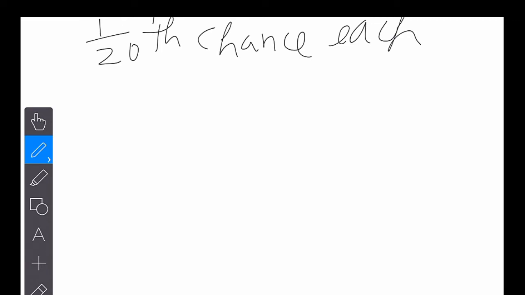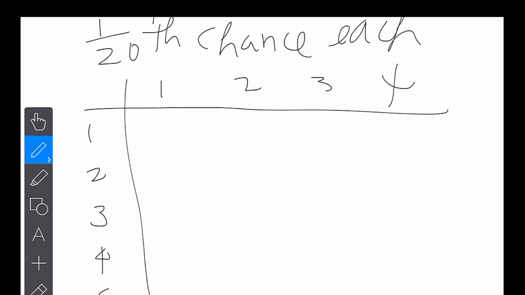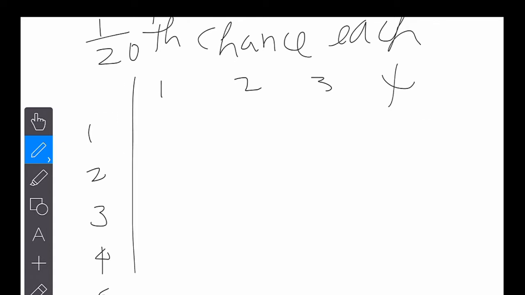I can just write 1. It's going to be less messy looking, except I need a better line.